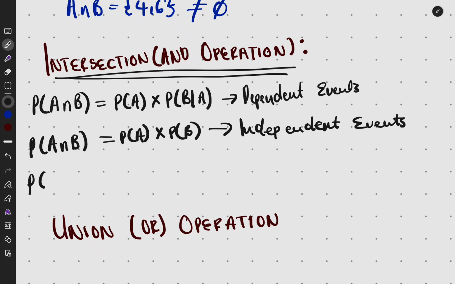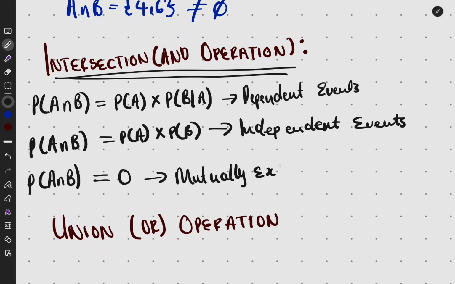Now, the last one is, what about if they are mutually exclusive? What is this going to be? The probability is going to be equal to 0. That is for mutually exclusive. Mutually exclusive events cannot happen together, and we said the biggest thing about them to remember is that A intersection B is 0. There is nothing in common. In mutually exclusive events, you can't have them both happen at the same time.